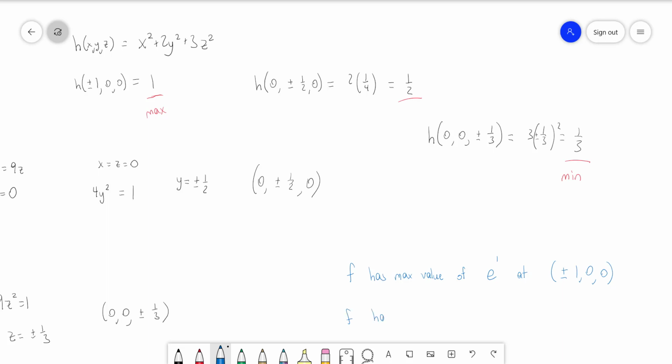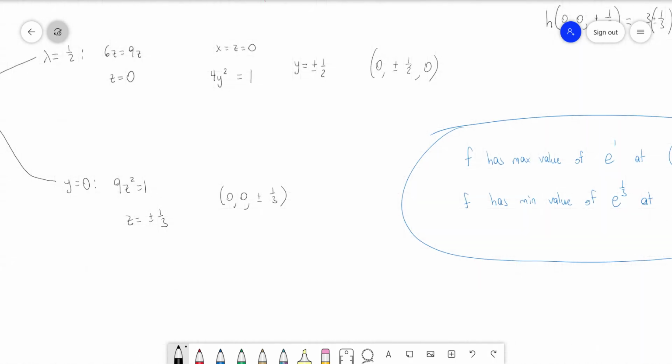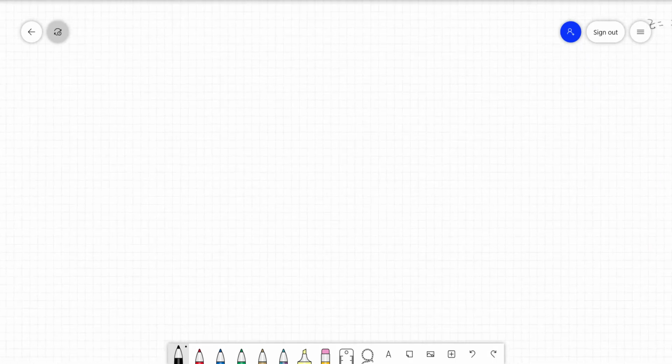And then likewise, f will have a minimum value of not 1/3, but e to the power of 1/3, because remember h was just the exponent. And that minimum occurs at these 2 points of the ellipsoid, okay? Whew, all right, so that is the second problem.